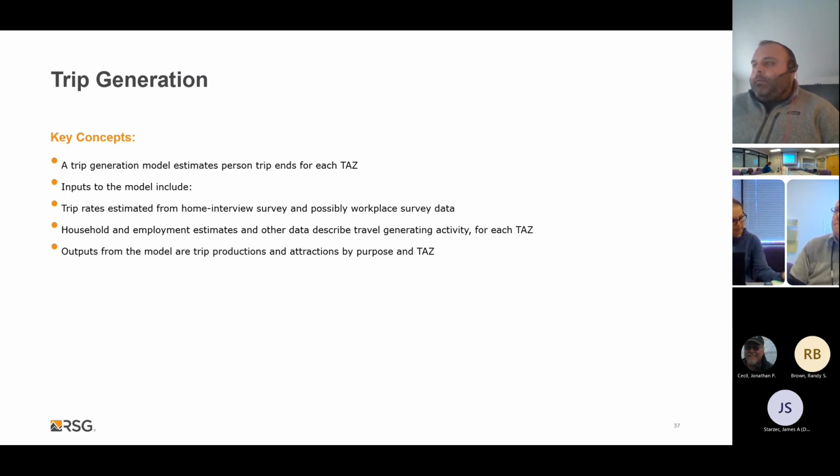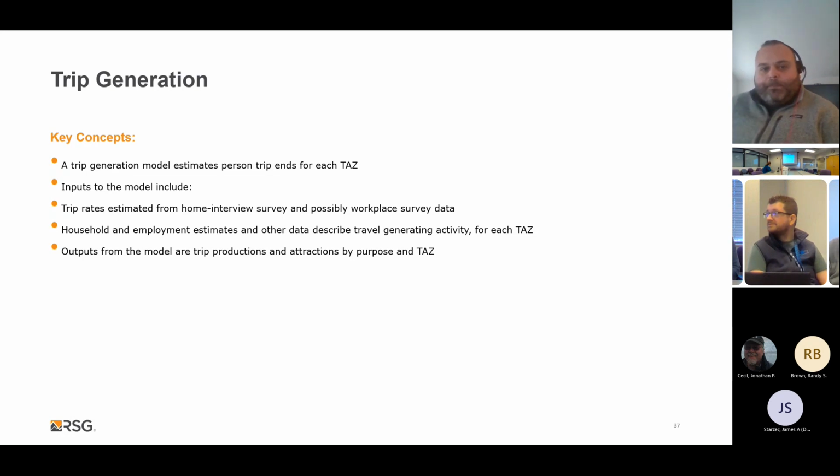So what type of variables or market types do you think are important for estimating trip generation in the AMATS area? Shopping centers, I think, would be one. Wouldn't it? So we're not at the land use right now. We're at the stratification of households or people.